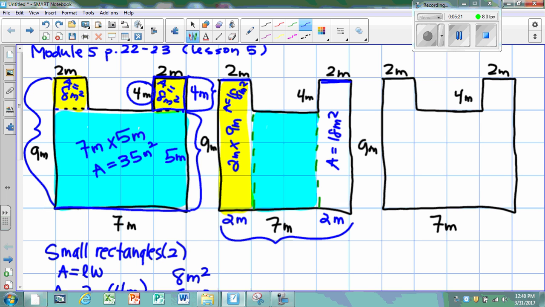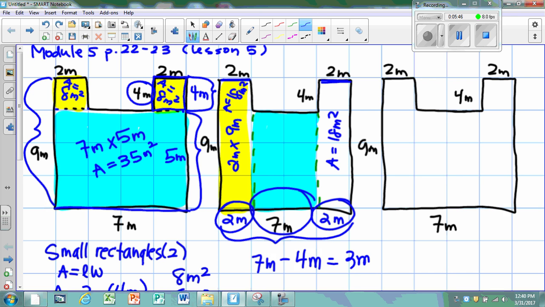Now if the whole thing is 7 meters, then that means we've got 2 plus 2. So if we do 7 meters minus the 4 meters that are these spaces here, we're going to then find out how much our space here is. And our space here is 3 meters.